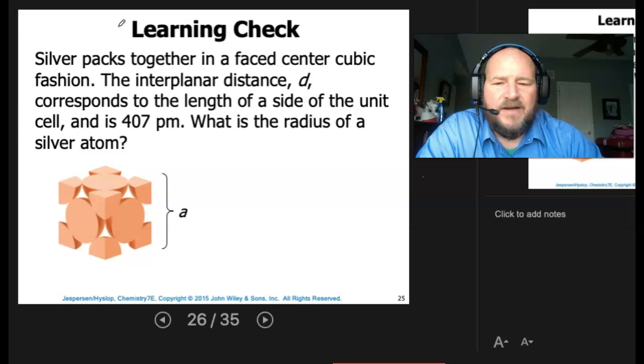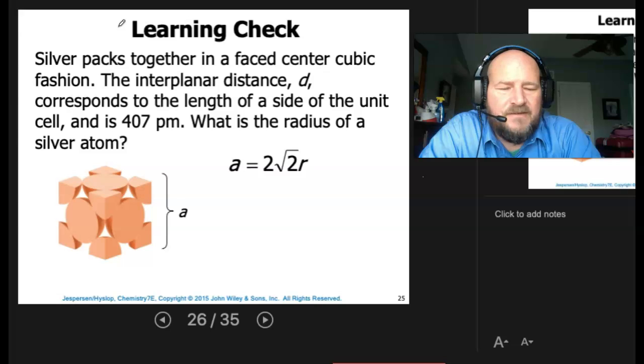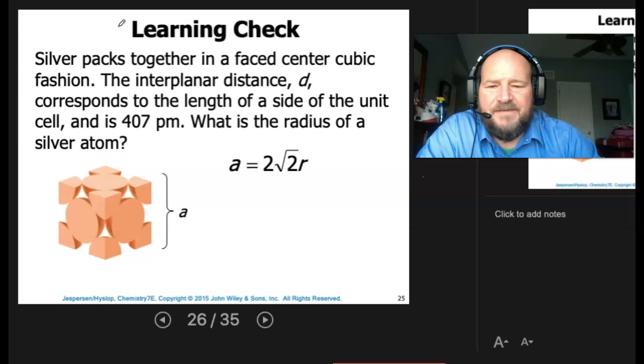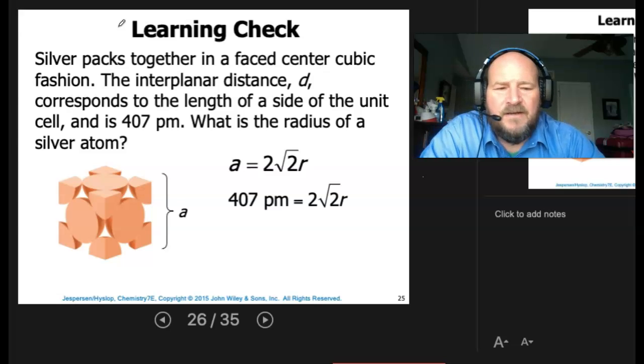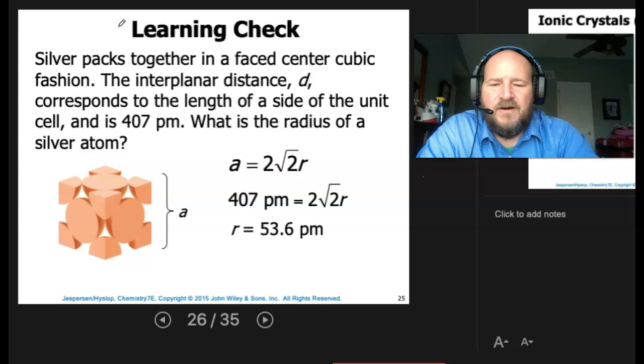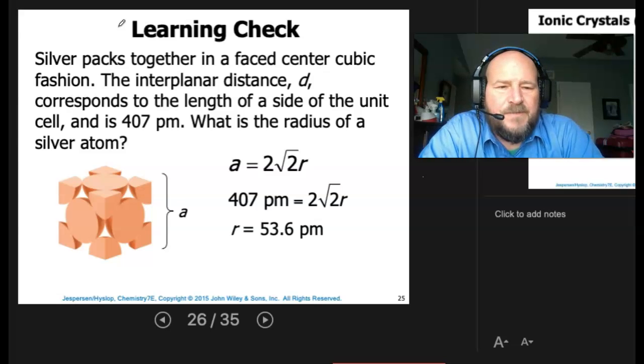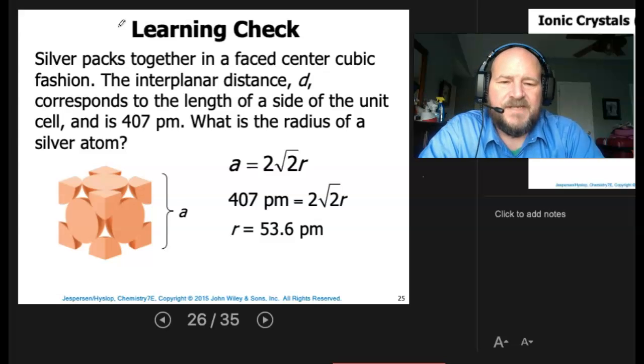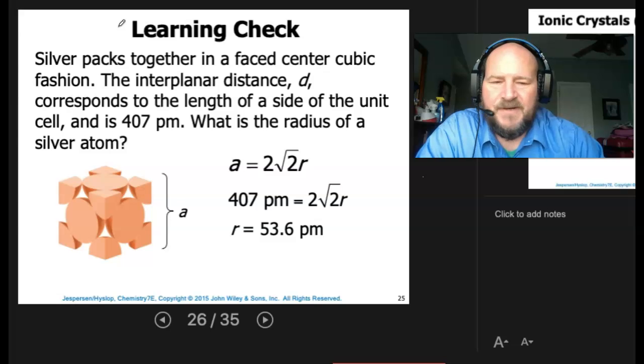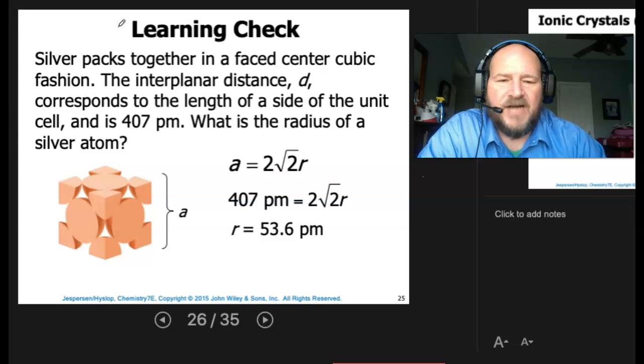So if we go back and look, we know that a is going to be equal to 2 times the square root of 2 times r. So we know that 407 is going to equal that. Working backwards, r is going to be 143.9 picometers. And again, those last two questions, the geometry problems, that's more like what you should expect on the exam, not worrying about the Bragg equation and diffraction patterns.